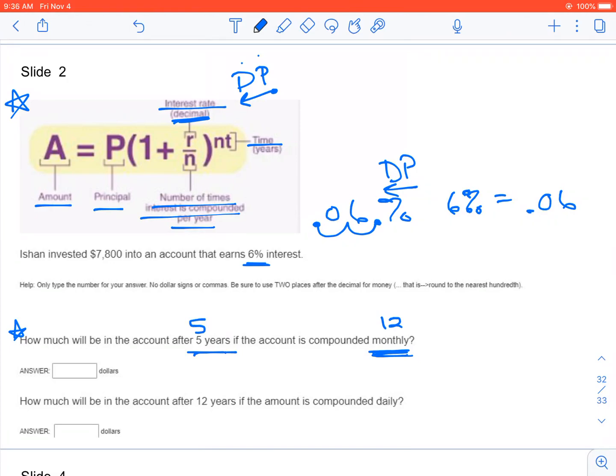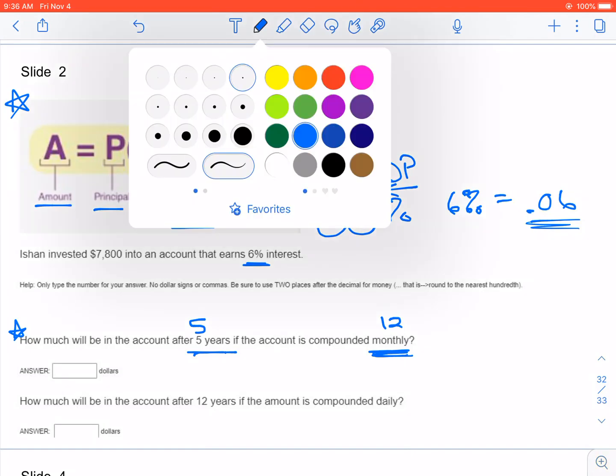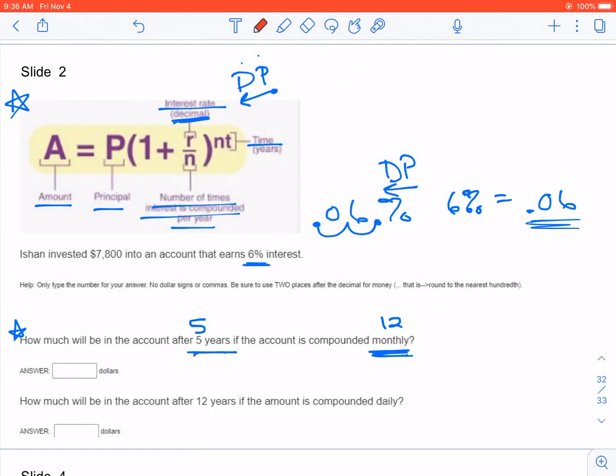So we're going to be using this 5, and we're also going to be using a 12, and we're also going to be using that 0.06 in our formula. So we're going to write that down. So we're going to have how much will be in the account. So that's going to be our amount A equals, our principal is your starting amount. That's what principal means.